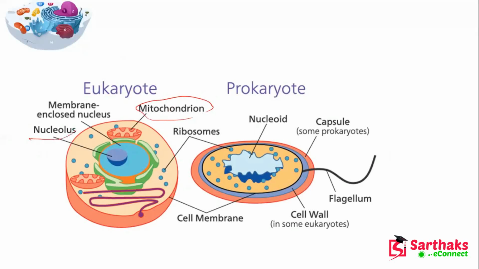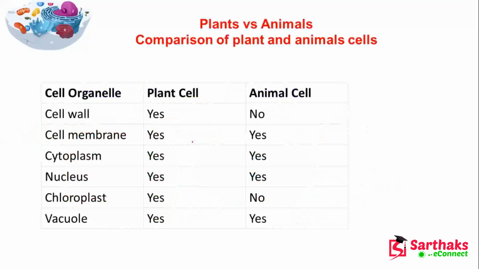There is a capsule that prokaryotes have, and a flagellum for movement. The cell membrane is present in both the prokaryote and eukaryote cell, and the cell wall is present in the prokaryote. Here you can also see some ribosomes. So this is the pictorial figure for the eukaryote and prokaryote cell.